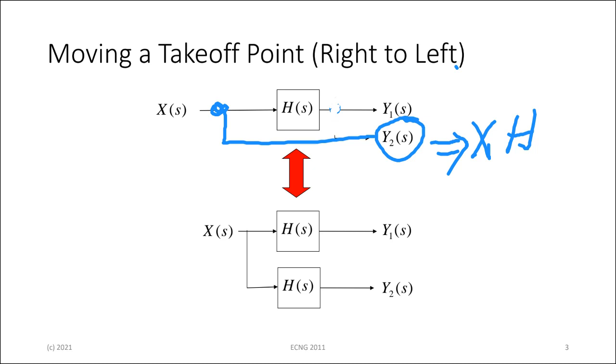If I move the takeoff point to before the block, in other words, I want to change its location, then in order for my Y2 to be the same answer, Y2 is X times H, so I must put in another block here with an H in it. So Y2 still remains its value. In other words, if I move a takeoff point before a block, then I have to add another block that has the same transfer function as the one I'm moving past. Fair enough? Good.